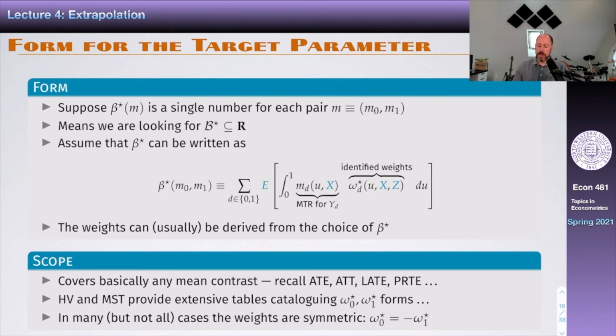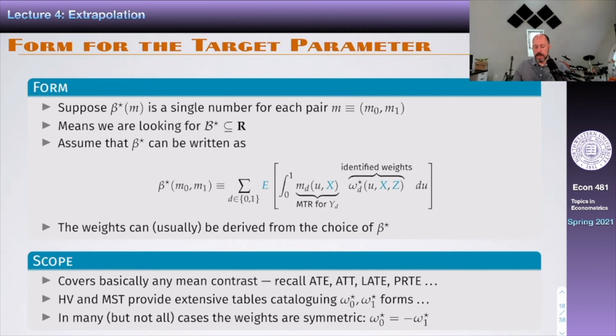And so going back to the question that you just asked before, we know the functional form as a function of this marginal treatment response. And when I say that, I mean that we know these weights over here. Here it says identified weights. And by that, we mean that we know the functional form and we can identify these weights from data.